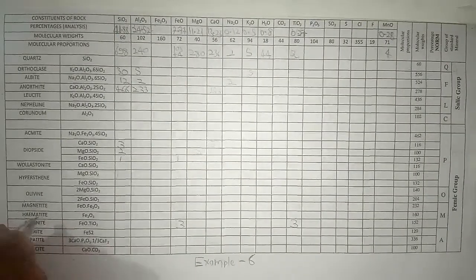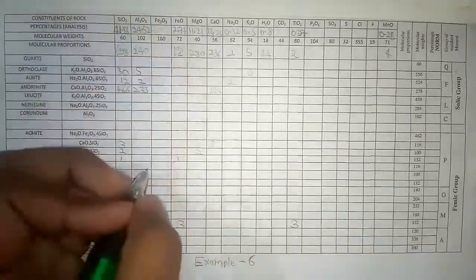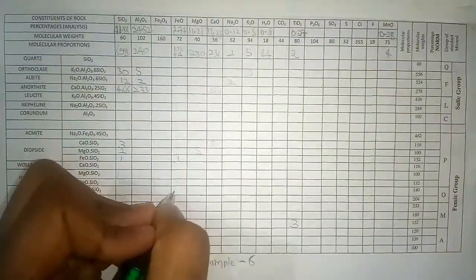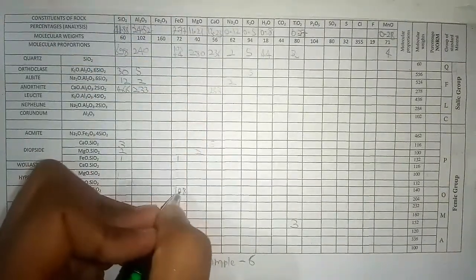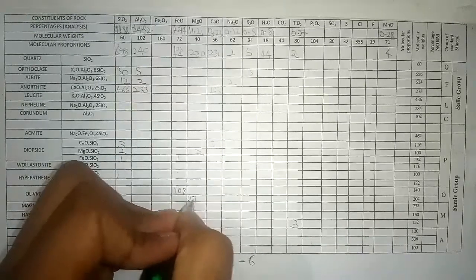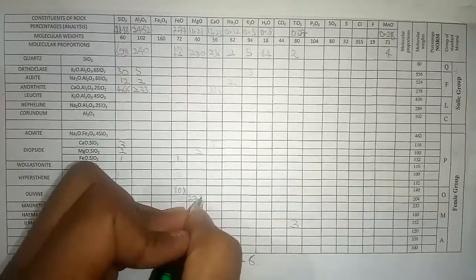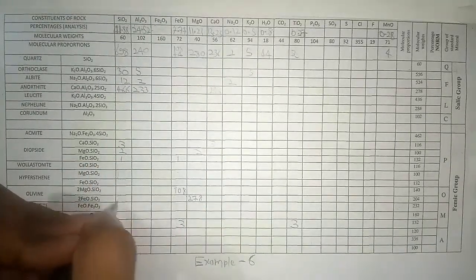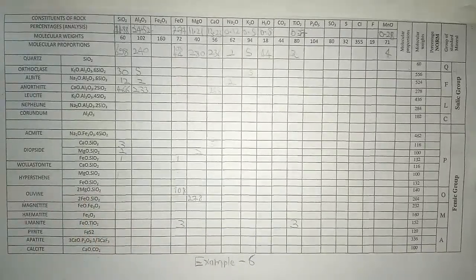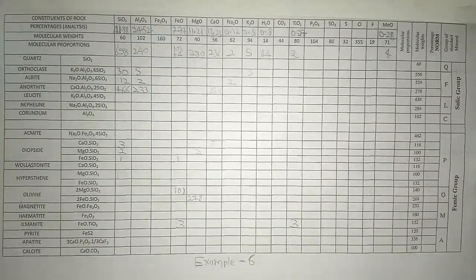So let's make it. Here it is 108 olivine, and here it is 278 MgO. It will be only half of it.